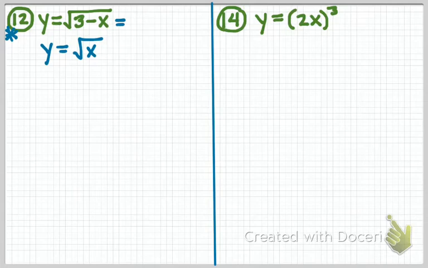But anytime the x has a coefficient on any function and you're trying to use this line of thinking, you need to factor that coefficient out of both terms that are there. So we're going to pull out a negative from both the 3 and the x. So that would give us x minus 3 on the inside.